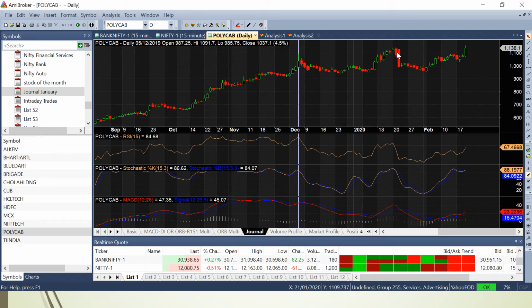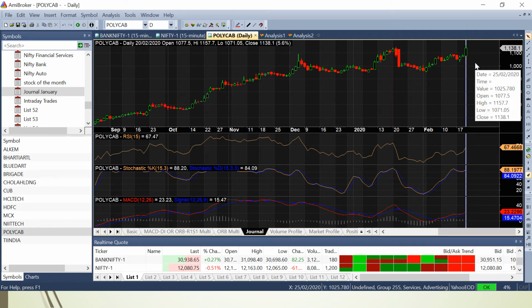Then the next peak was made around 21st January, price is 1133, and 1147 it was. And the next one yesterday, 1157, this last candle, right? So this was 1157. This is an even higher peak.